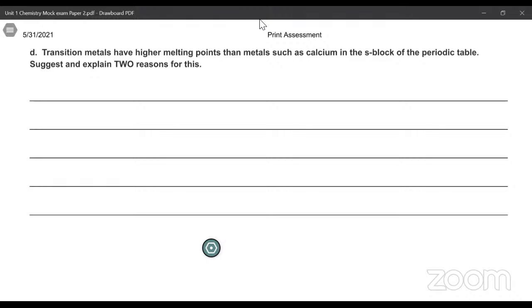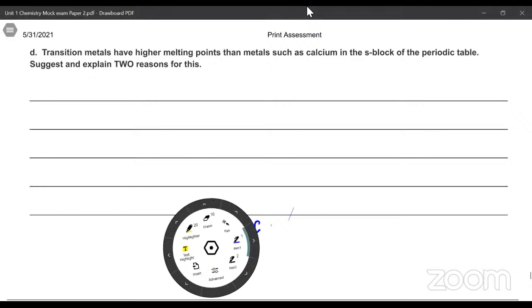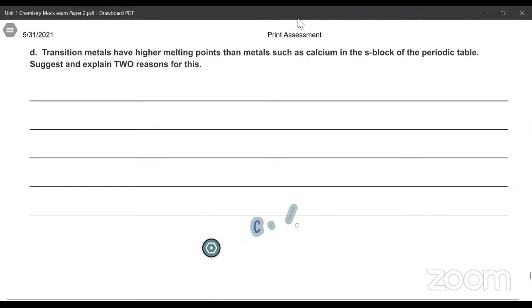The trend is that from the first transition element to about chromium, the size of the atoms decreases, then they start to level off. Then when you get to about copper, it starts to increase back until you get to zinc. So that's the trend that you will see.